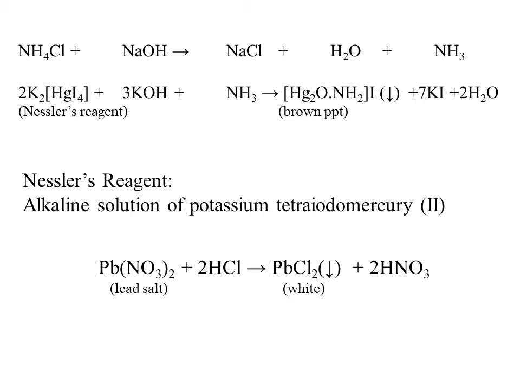Regarding the confirmatory test, with ammonia, that's group 0, we already did the confirmatory test with Nessler's reagent. That's a clear indication of ammonia, and it's a confirmatory test. That means the NH4 plus ion is present as well.